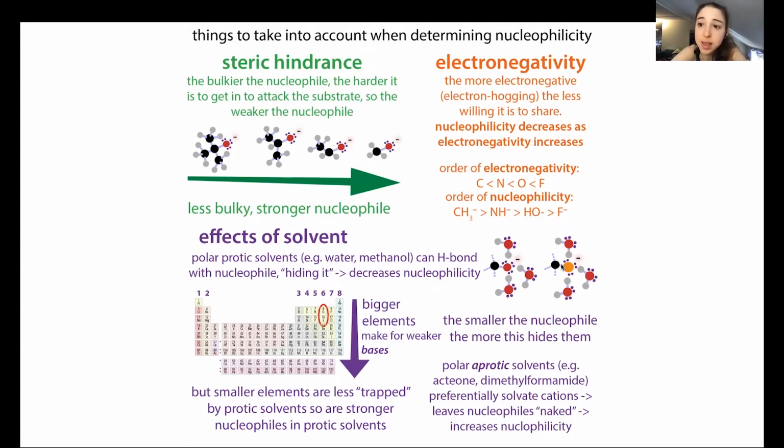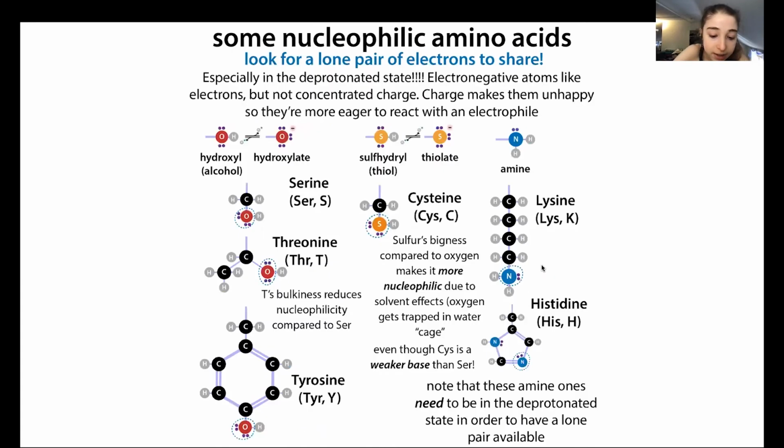This will explain why cysteine is a stronger nucleophile than serine, even though serine is a stronger base, because the oxygen can't handle the concentrated charge as well as the thiolate can.